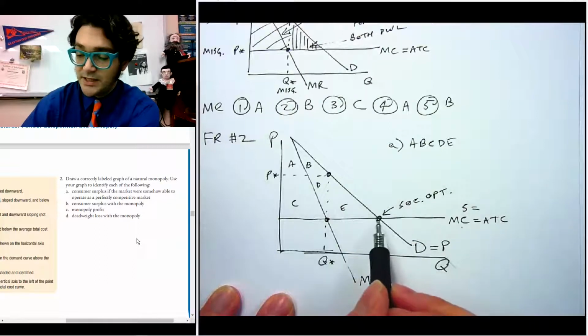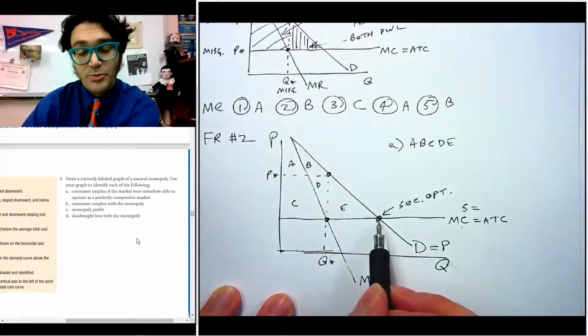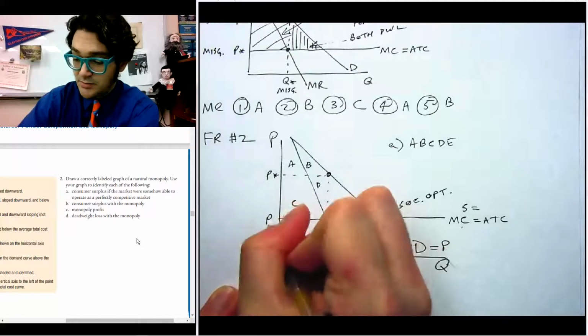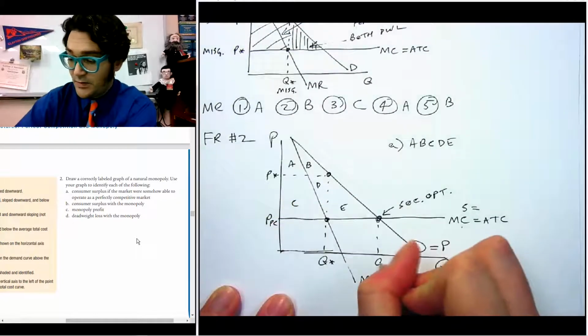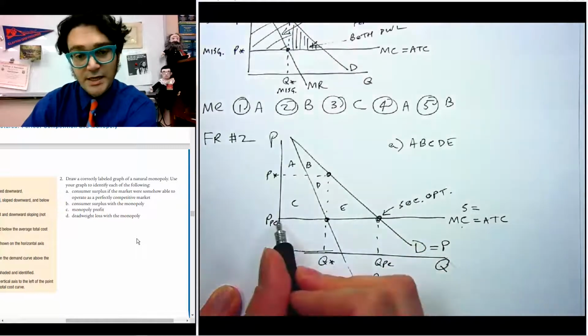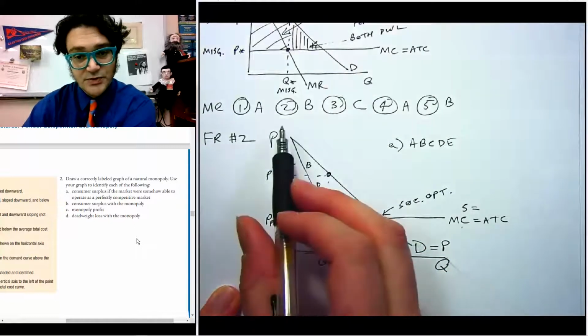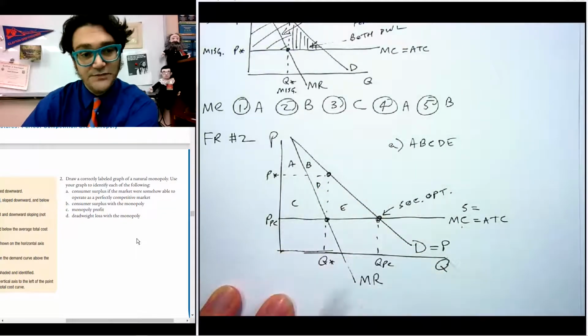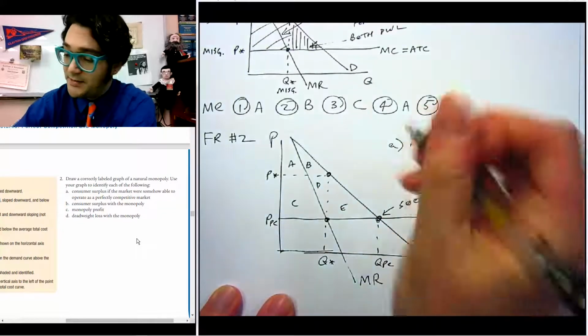If we were perfectly competitive, we'd be producing at this quantity and this price. All of the area above that price up to the demand curve, which would be A, B, C, D, E, would be consumer surplus if the market were operating as perfectly competitive.